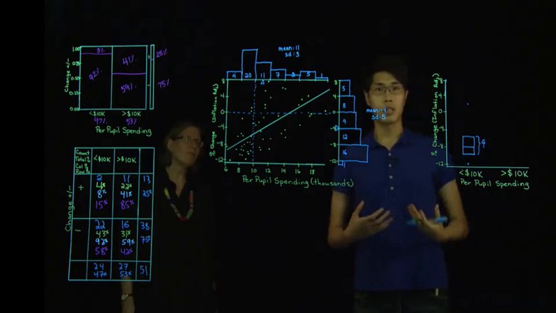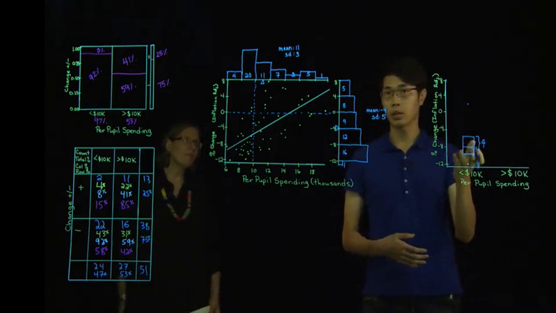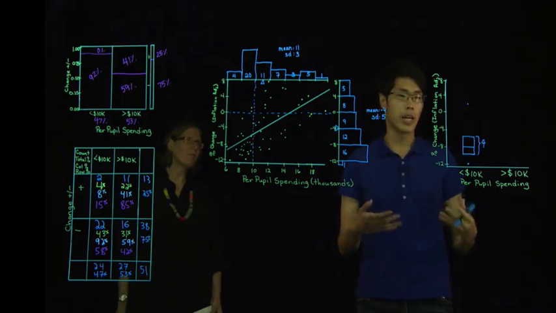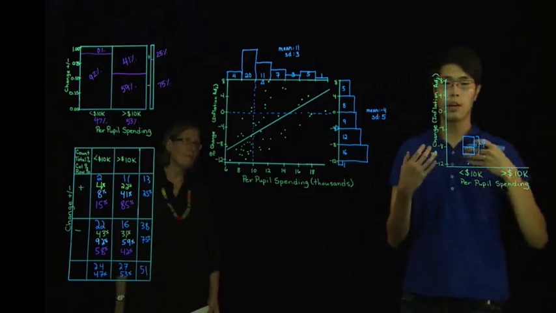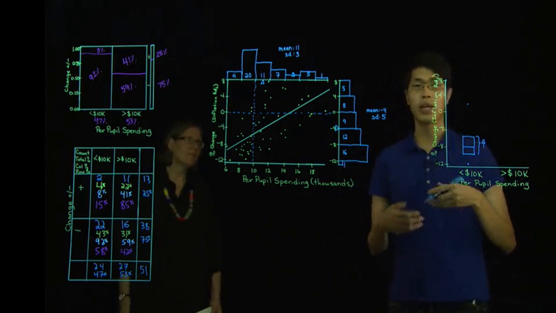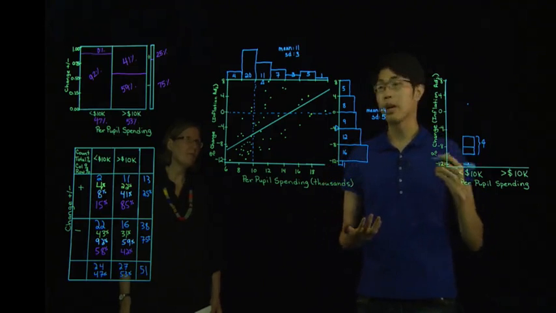So let's create the upper and lower fence using the interquartile range. If we multiply 4 by 1.5, we get 6. And if we add that to the third quartile, which is minus 6, we get an upper fence of around 0.